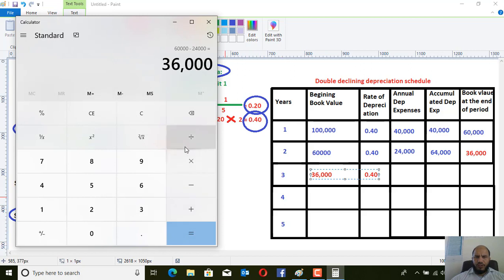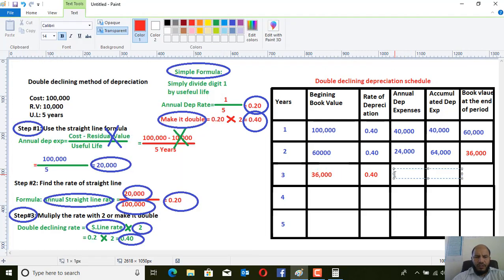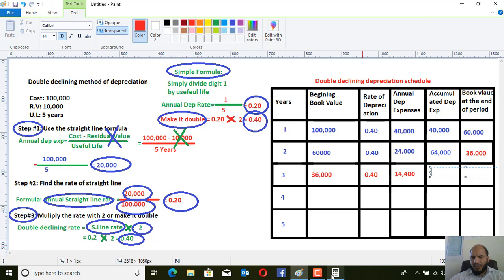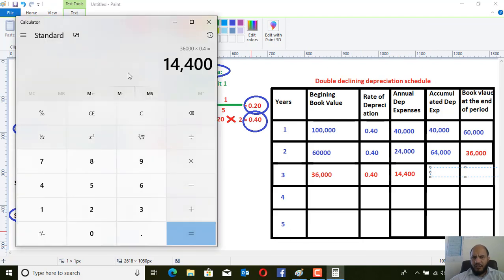So we have 36,000 multiplied by 0.40, which is 14,400. 14,400 is our current year annual depreciation expense. To find the accumulated depreciation, we have already summed up the 2 years, which are 64,000.